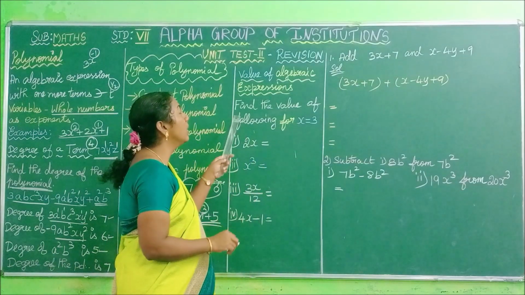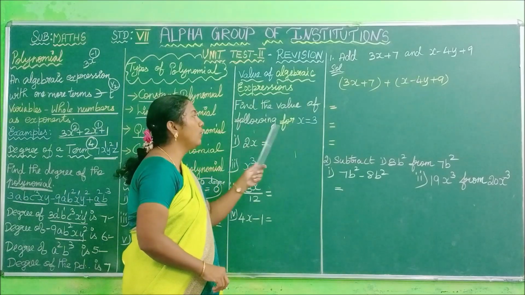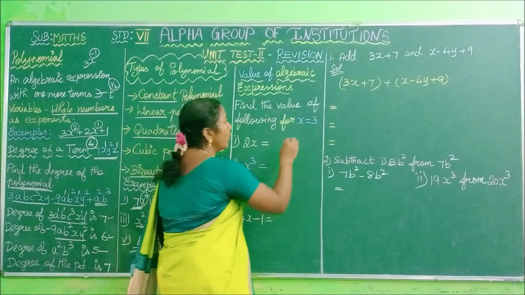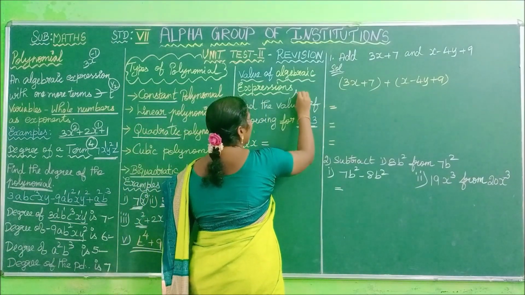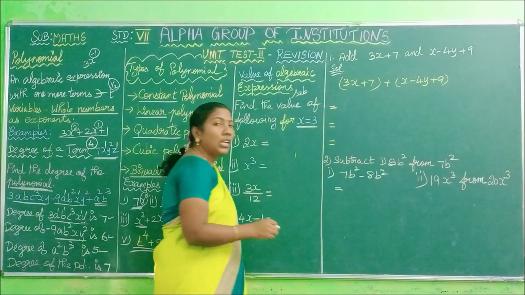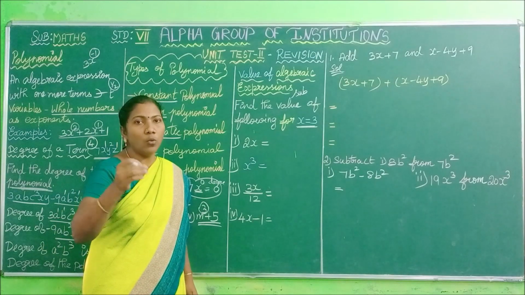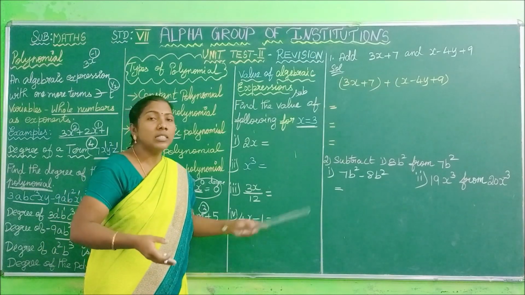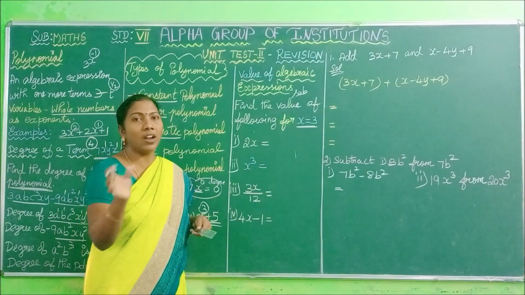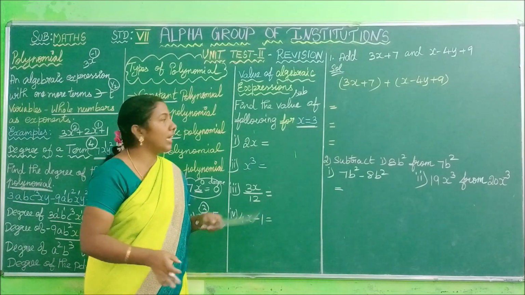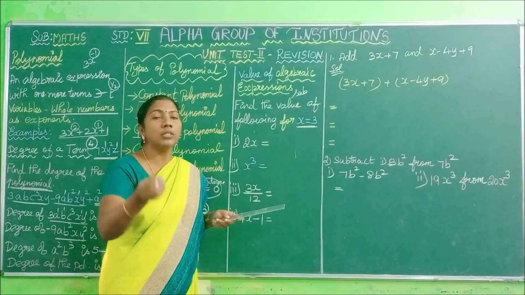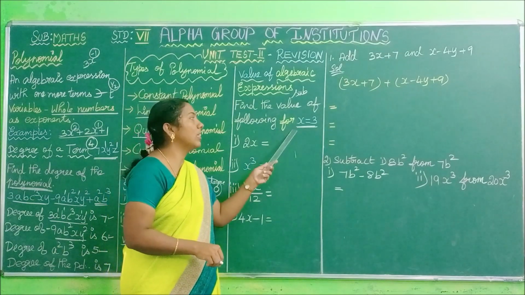See here, children. Find the value of the following for x equal to 3. Here you have to substitute. What is meant by substitute? Suppose you are playing a game like Pogo and someone gets wounded, then instead of that person, some other person comes and plays. We call it a substitute. Like that, in our sum, we are going to substitute the values given in the question.